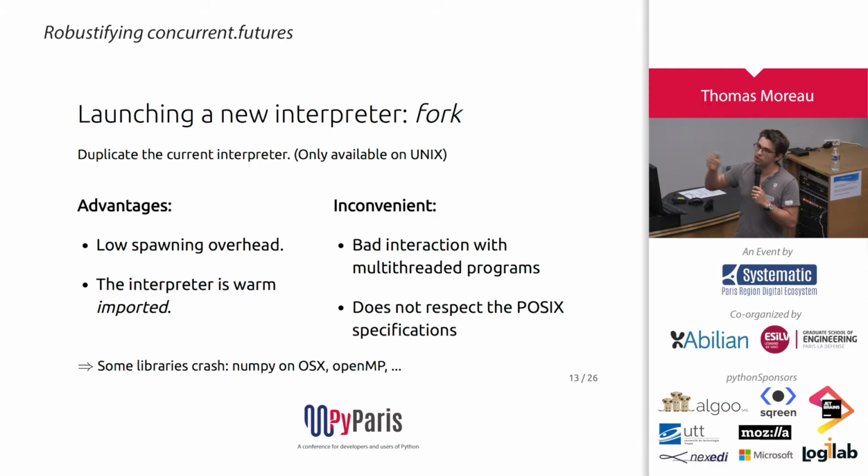So if you are using libraries that rely on thread pools to perform computation, those libraries think that you have thread pools that are started and start sending tasks to these thread pools, and the tasks are actually not run, and it causes crashes. This happens for instance with NumPy using Accelerate on OS X, or if you're trying to use OpenMP with multiprocessing using fork.